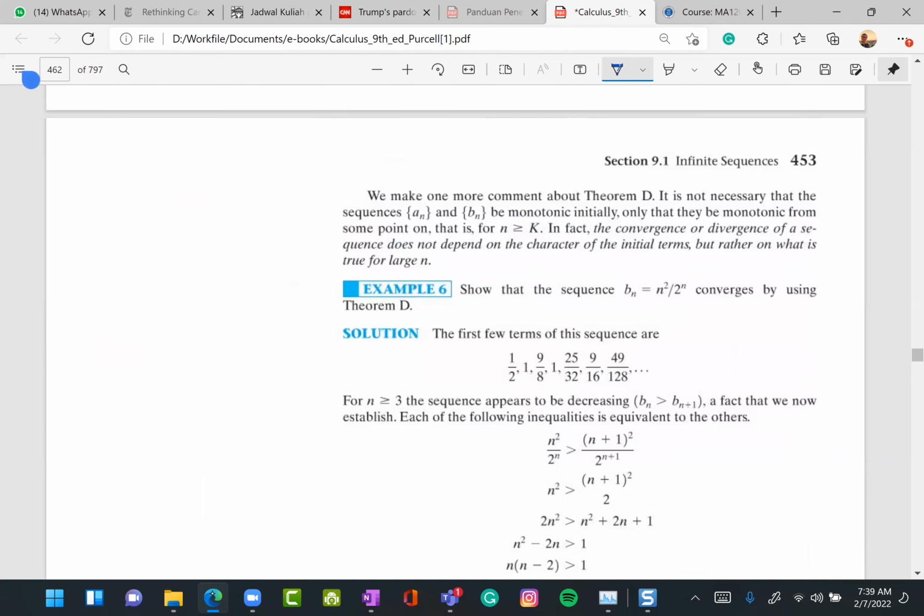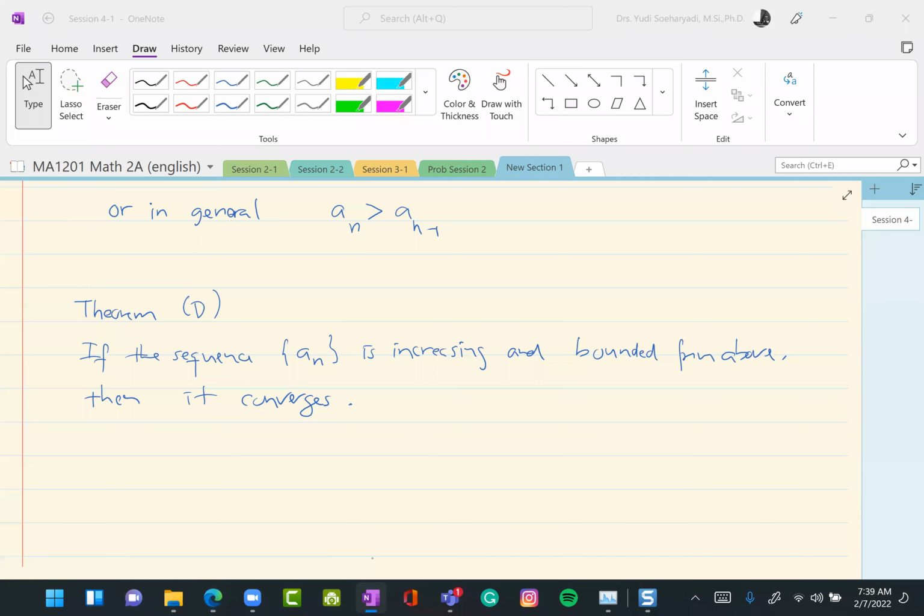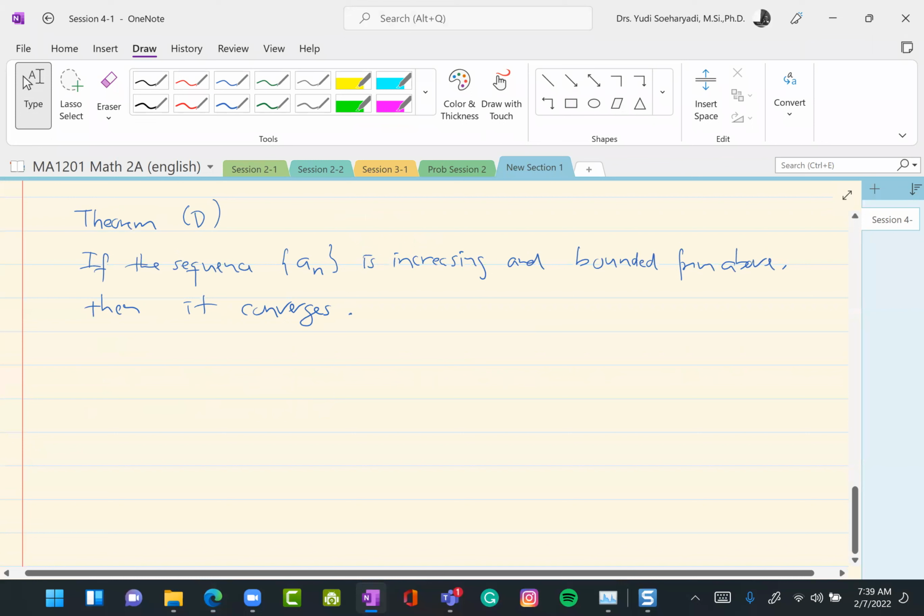All right, so the sequence b_n equals n squared over 2 to the n. Let's show this one converges. Example.